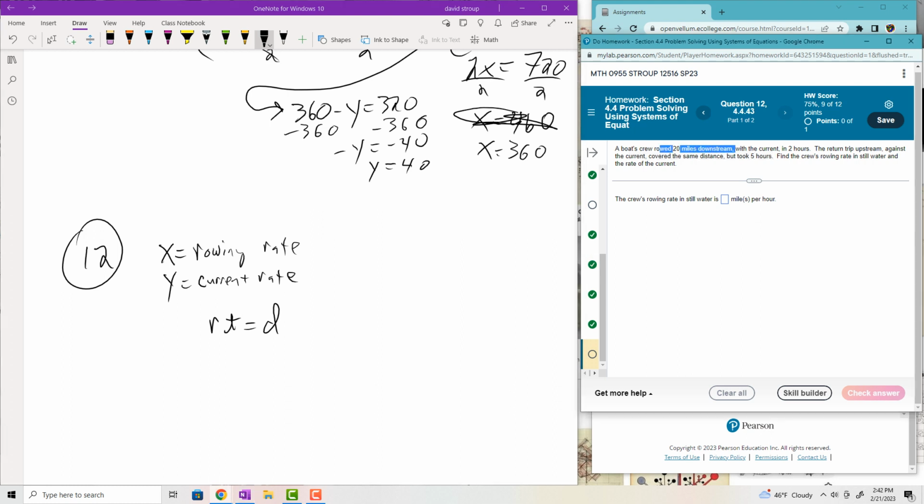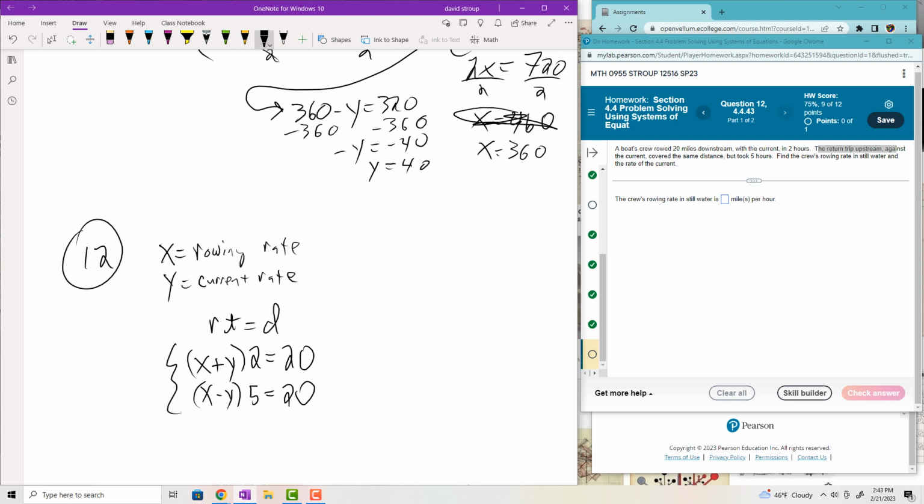That means they're going with the stream. So that will be x, the rowing rate, plus the water rate, times time. It took 2 hours, and the distance was 20 miles. And then when they returned, they went upstream, so that rate is x minus y. And then the time was 5 hours, and they did the same distance. So they went 20 miles again.